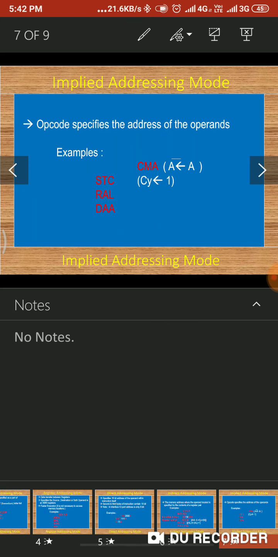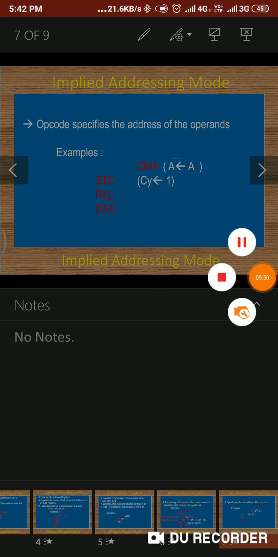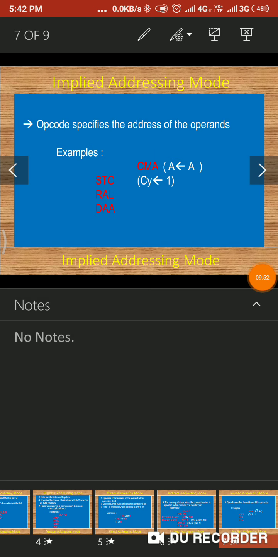Next we are entering into the implied addressing mode. The implied addressing mode means the opcode specifies the operands, that is, the instruction does not have any operands. That kind of instruction is called an implied addressing mode. For example, CMA, which means complement the accumulator value, there is no need for any operand.